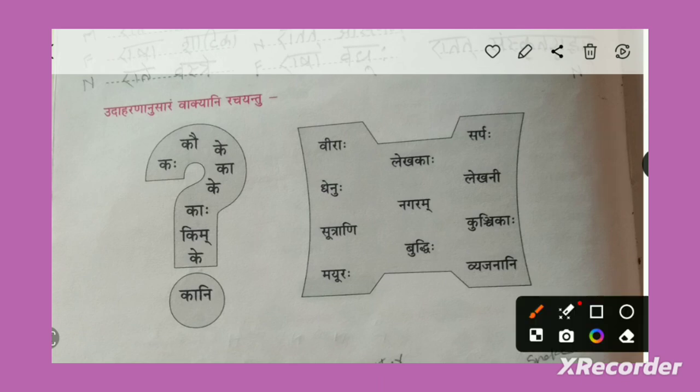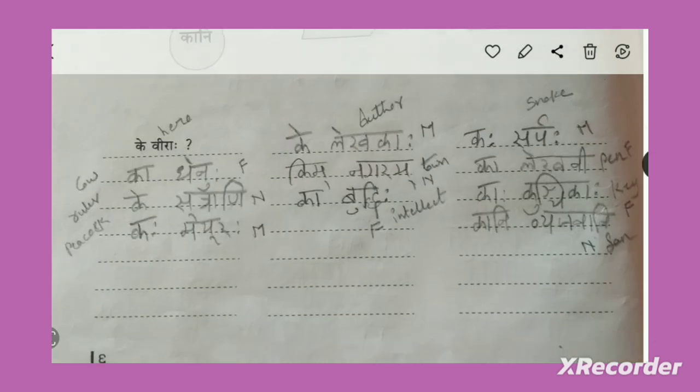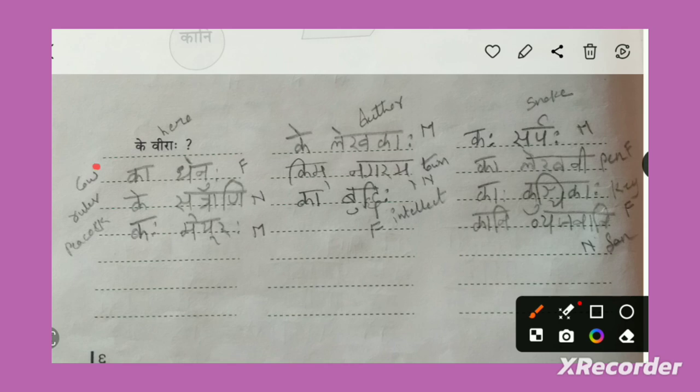Here kaha kau ke is the male gender, ka ke kaha is the female gender. Now you need a singular female gender. Ka, you need ka. So you just come here and add ka with denuhu. So you got a sentence. The one cow. So one cow is the answer.